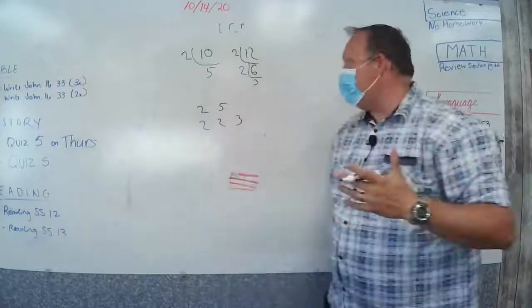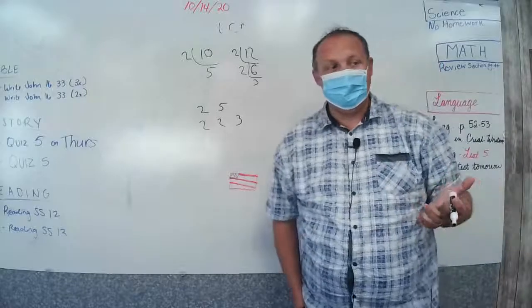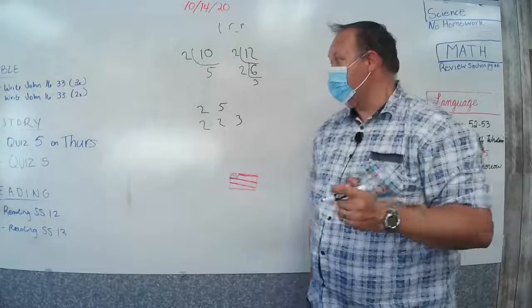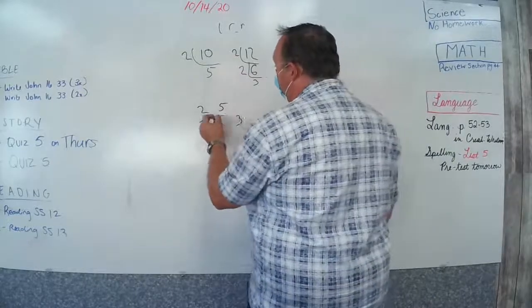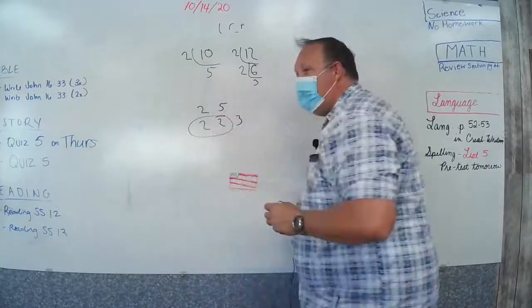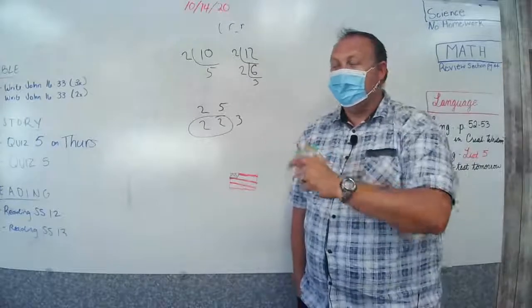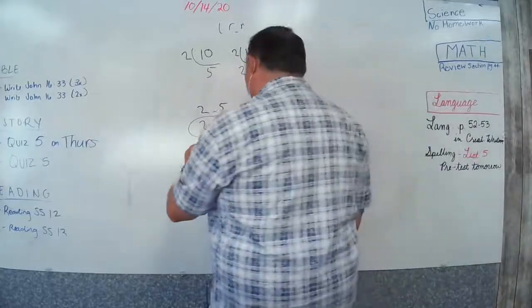Which factor is used the most? 2. Okay. And it's used the most right here in the 12, right? How many times is it used? 2 times, okay? So we're going to end up having 2 times 2.